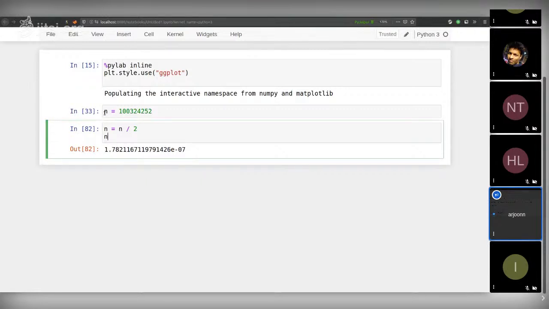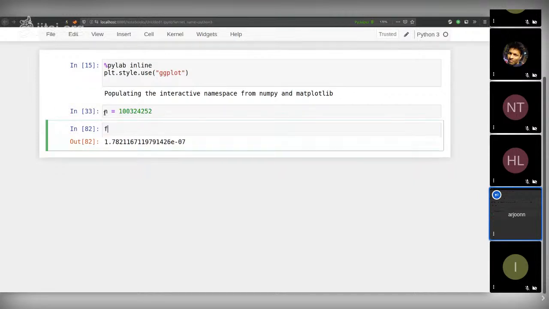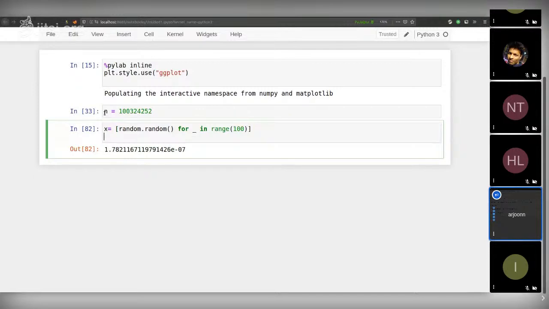So if you take, let's say, for n in, it doesn't matter what number, let's take 100 numbers, right? And we're just going to call that x. And let's say k.